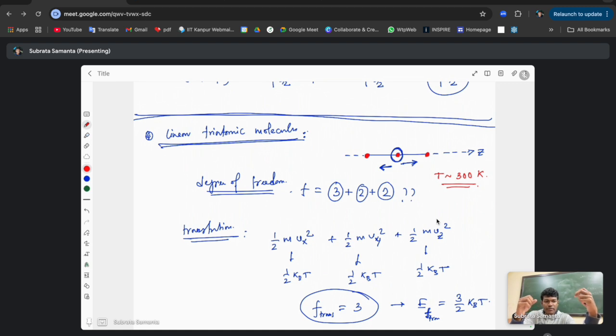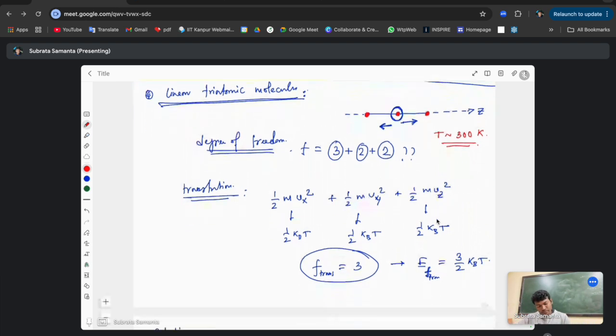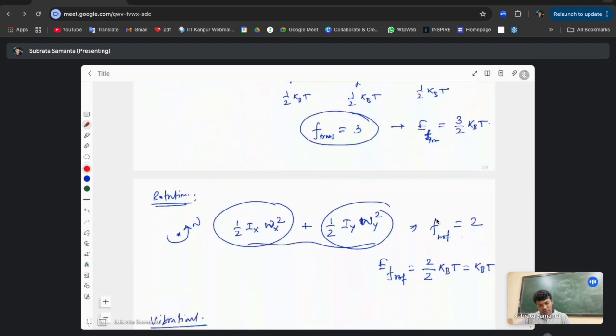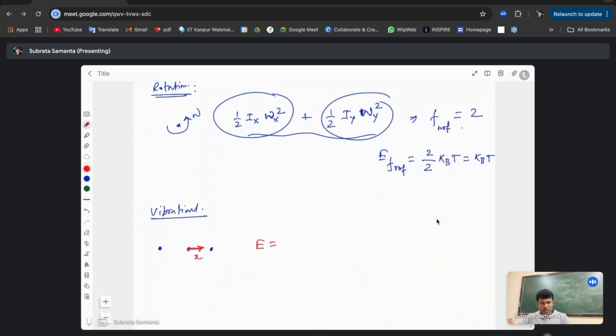So this is not an independent degree of freedom. If you say this one vibrates and this one also vibrates, I will say x1 minus x2 by common mode. Then only one vibrational mode is there if you fix the other 2 points.